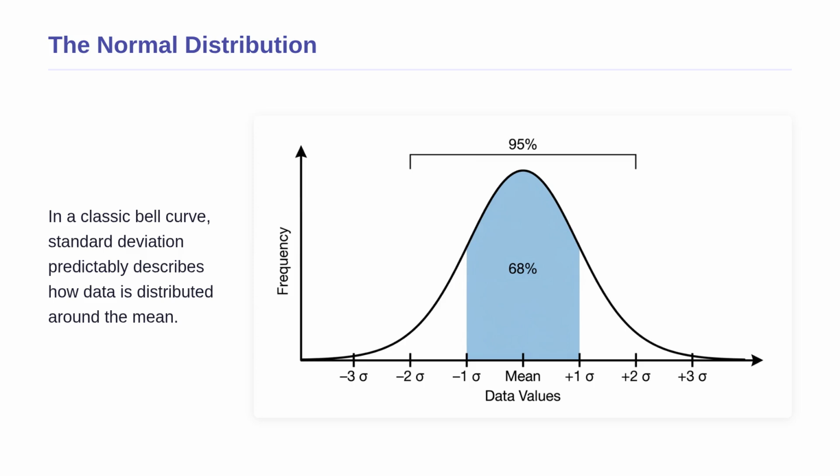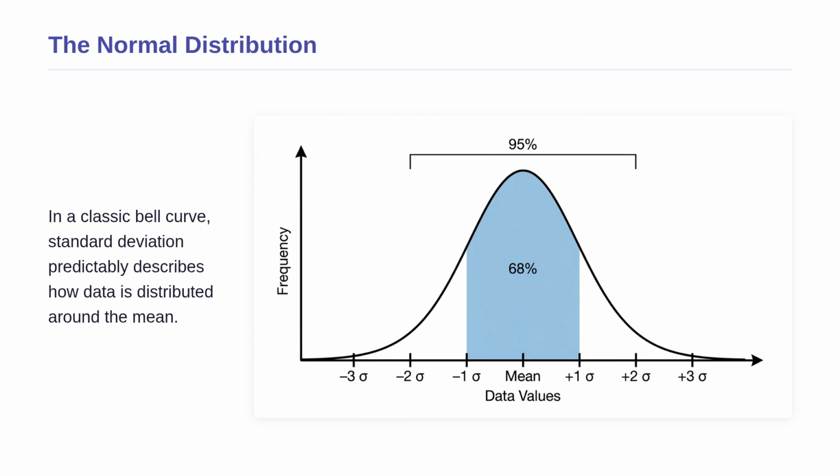Now that we have calculated standard deviation, let us visualize what it actually means. You are looking at a normal distribution, often called a bell curve. The horizontal axis represents our data values, and the vertical axis shows how frequently they occur. The peak in the center is the mean. The standard deviation, represented by the Greek letter sigma here, acts as a measuring stick.